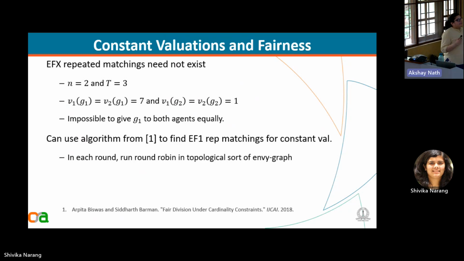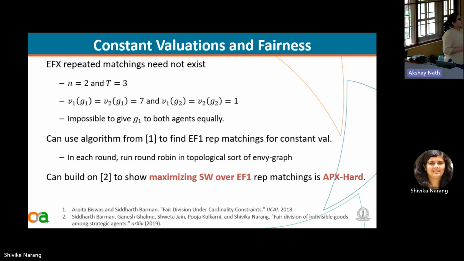So EF1 is easy to find here, and we can basically show that if you want to maximize social welfare over EF1 repeated matchings, that is APX hard. And if you just want to maximize social welfare over constant valuations, that's easy. For monotone also, it's easy. We show that it's NP-hard in the thesis. What we're showing is NP-hard when the number of rounds is even 3. So yeah.